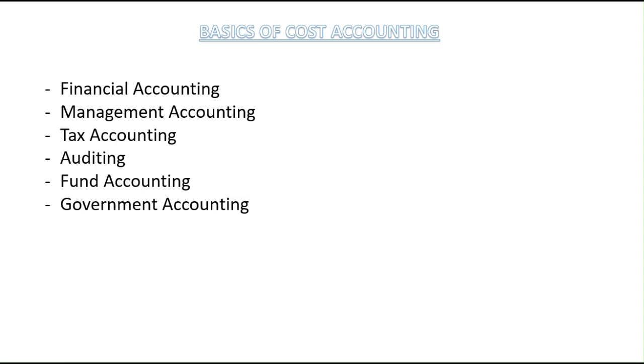Another is government accounting, which is mainly used for government departments and public sectors. The other one is forensic accounting, which is mainly used by insurance companies whenever there is a loss, loss reimbursement, or any kind of loss assessment to be done.